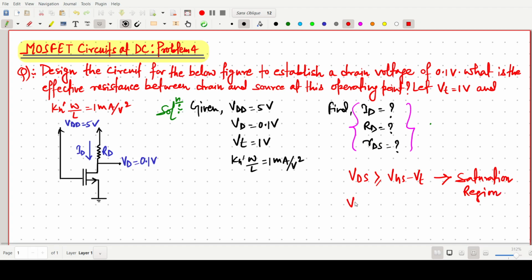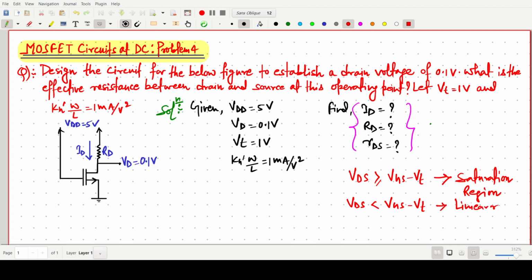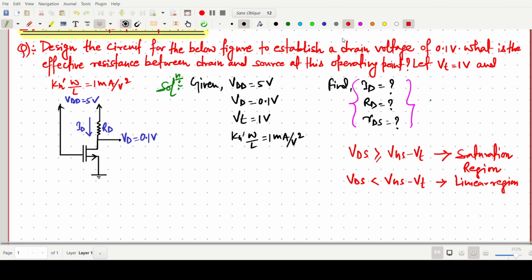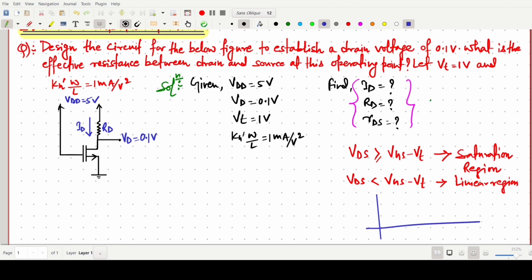And if the VDS value is less than VGS minus VT, it is in the linear region. I have already mentioned the curve for this in my last video.